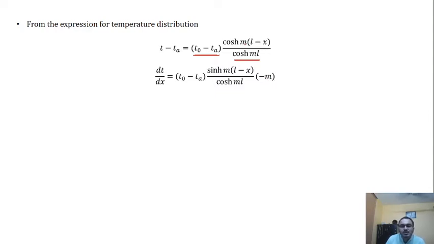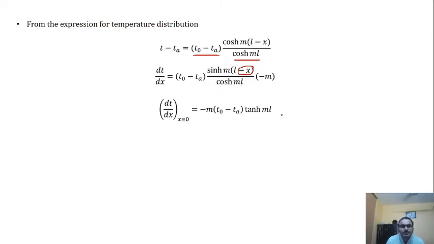Minus m comes because of this bracket. So at x equal to 0, this term will vanish. Because of that, sin hyperbolic mL divided by cos hyperbolic mL is nothing but tan hyperbolic mL, and the remaining terms are as it is.